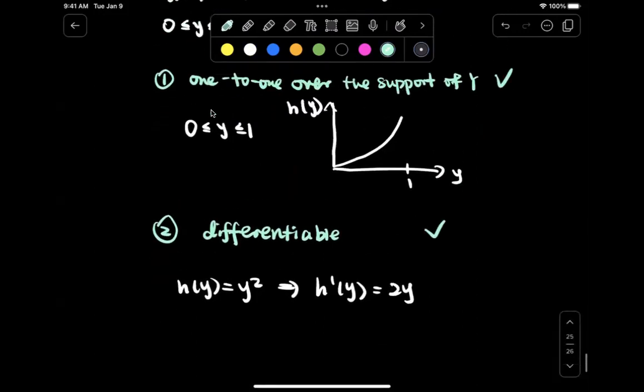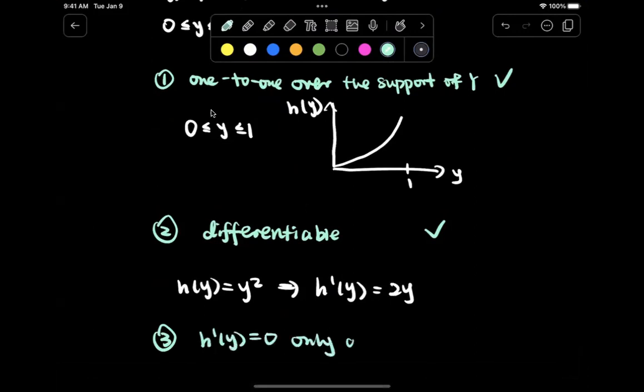And let's move on to the very last condition. And that is h prime of y can be 0 only at finitely many points.